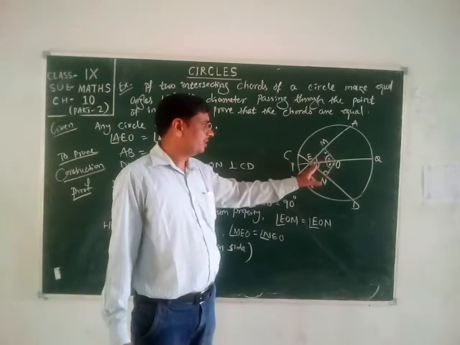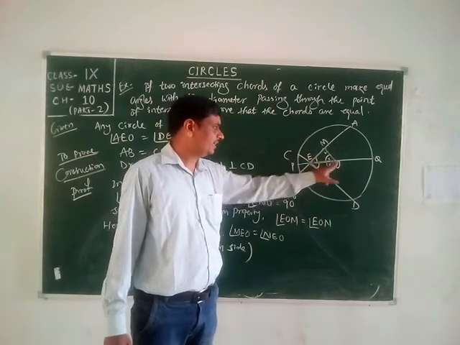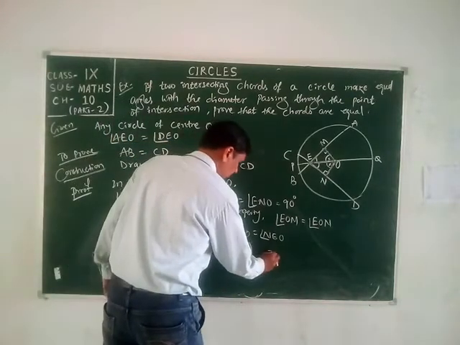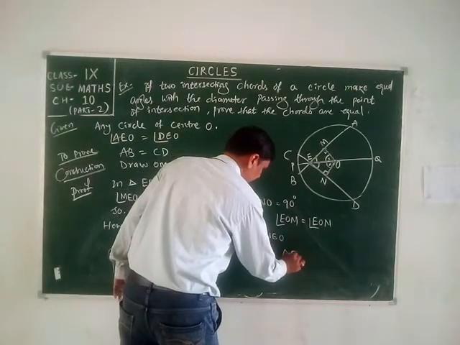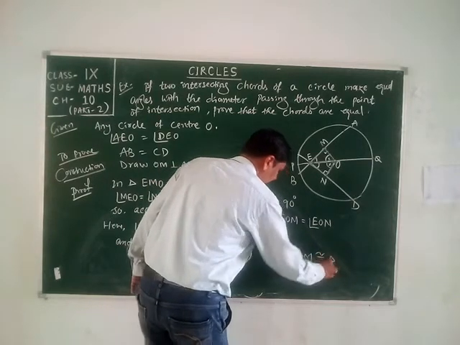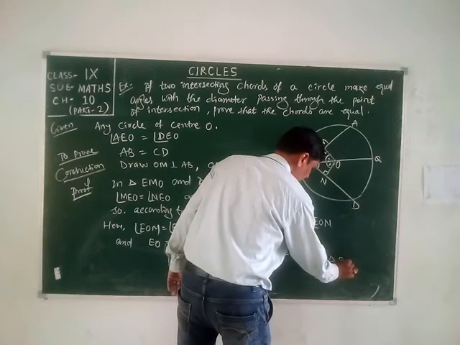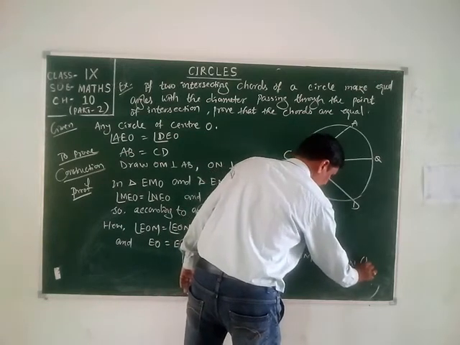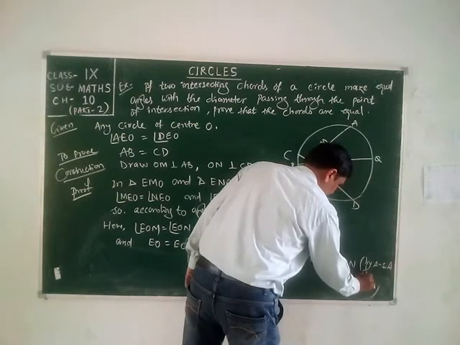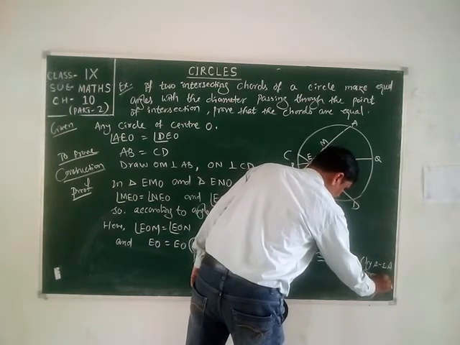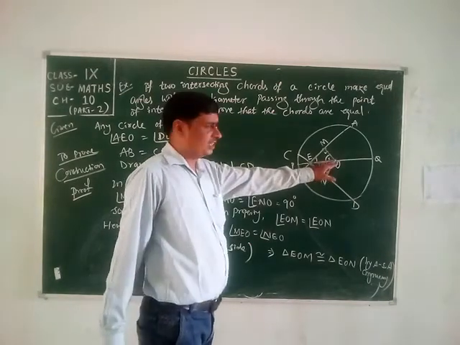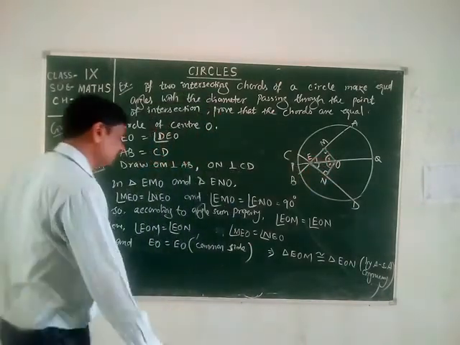So triangle EOM and triangle EON are congruent by ASA congruency. Angle side angle congruency, both the triangles are congruent.